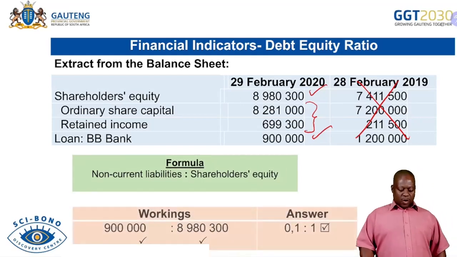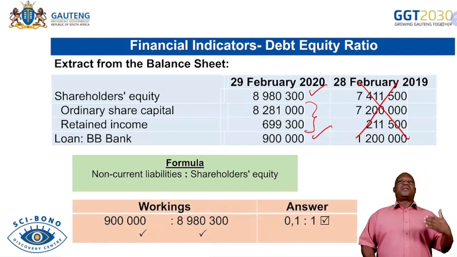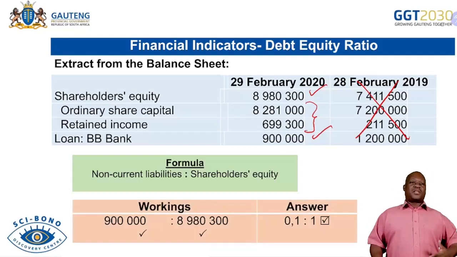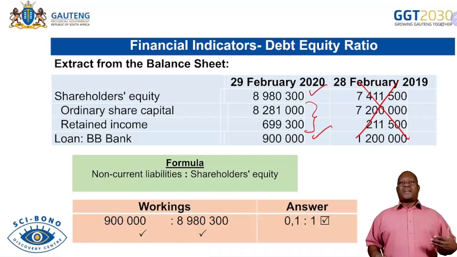So what is it going to look like? It's simply 900,000 representing your non-current liabilities and your 8,980,300 representing your equity. Now, remember what I said. Your right-hand side on the shareholders' equity, it's always 1. So it means you already know as to 1. So how do you find your left-hand side?